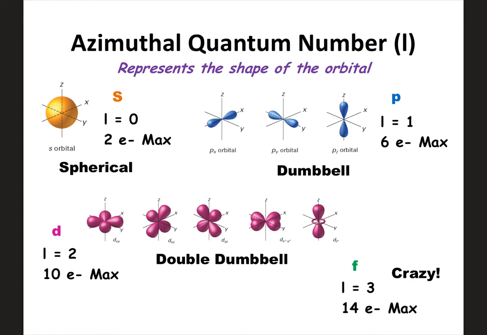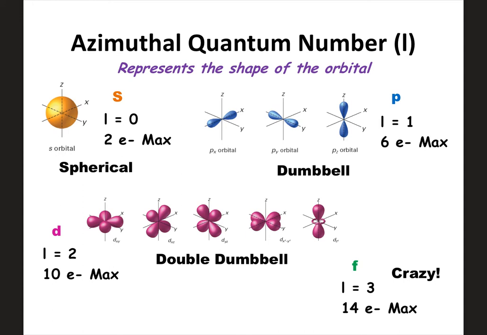All right, so the next sublevel here, P, has an L value equal to 1. All we did was increase the value, so we went from 0 to 1. P's can hold at most 6 electrons, and the shape of the P is a dumbbell. Again, you don't need to draw it. You just need to know that the P has a dumbbell shape.